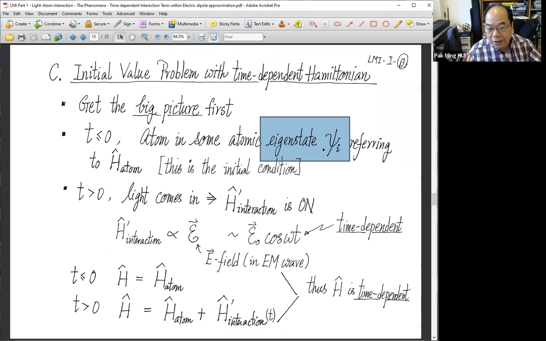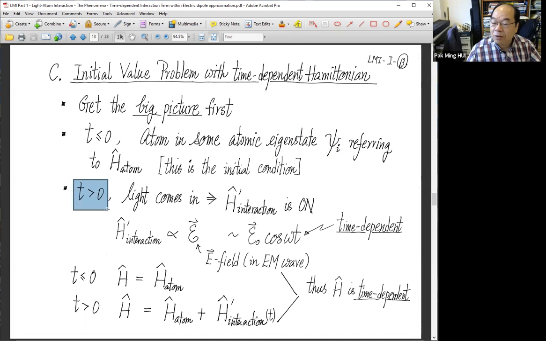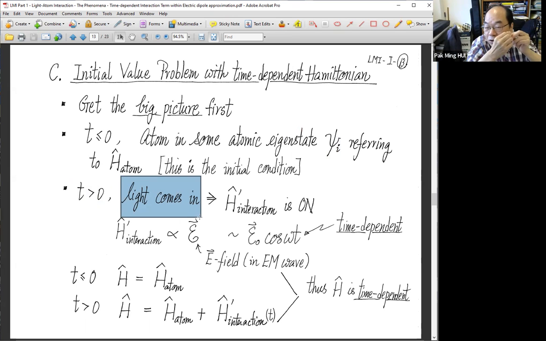Doesn't matter, you understand the situation. And then at some time called T equals 0, and afterwards, light comes in, there will be an atom-light interaction term kicks in our theory. In the Hamiltonian, or physically, the atom is there, light starts to come in, boom, time 0, and the light will continue on for some time t.